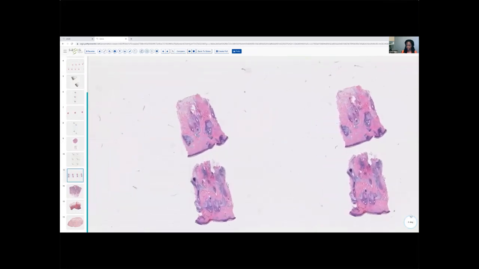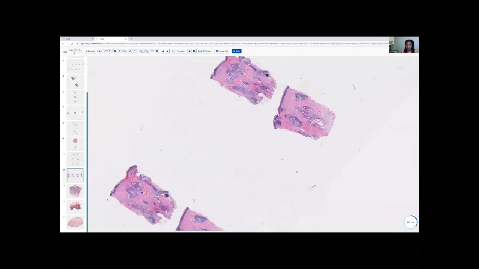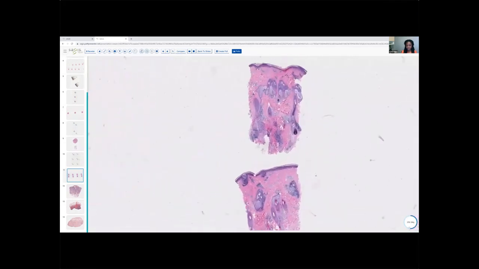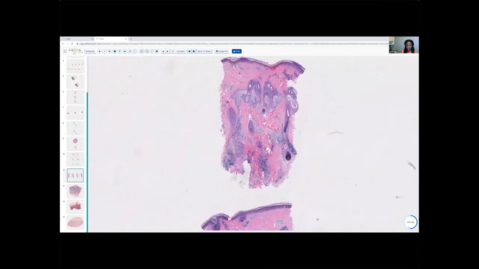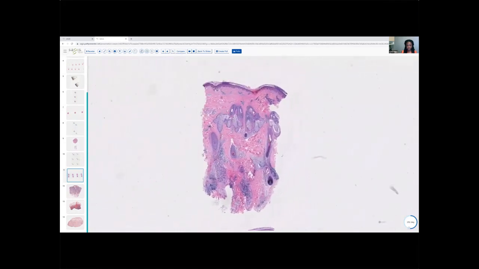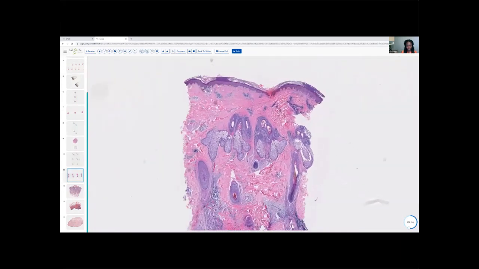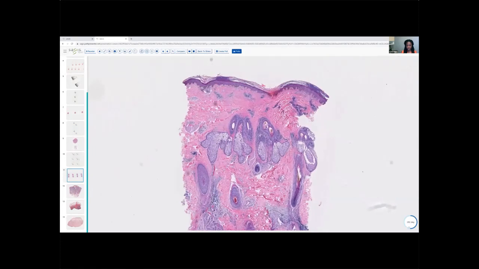Okay, and on the differential diagnosis of both of these, in this case, what we really appreciate, always trying to discipline ourselves to take a look from top to bottom, but we really see that there is clearly some interface inflammation here.